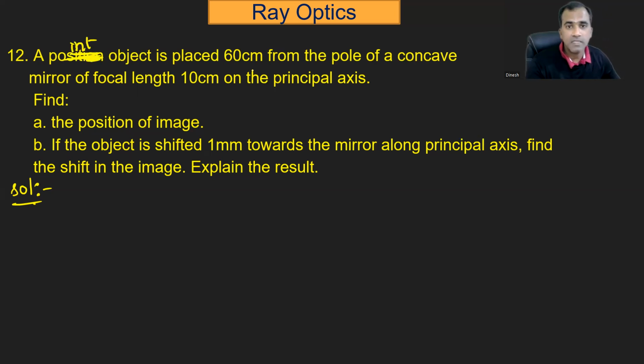A point object is placed 60 centimeters from the pole of a concave mirror of focal length 10 centimeters. Can someone quickly tell me, in which region is it placed? The object is placed in which region?